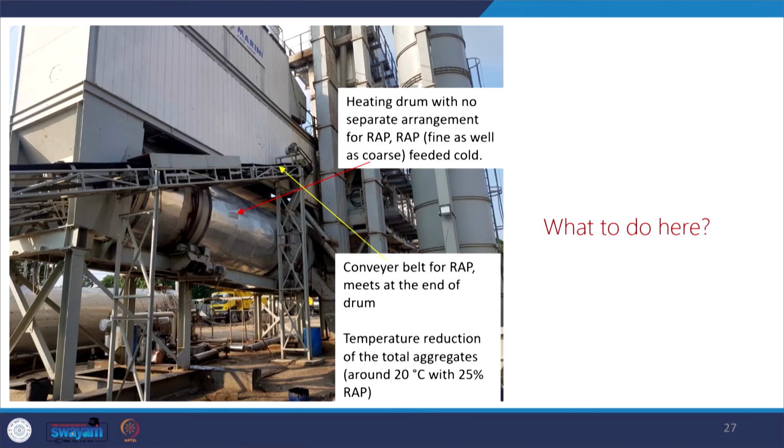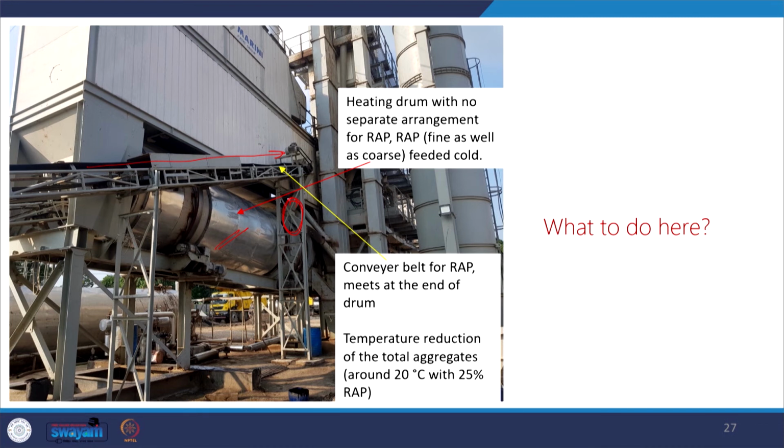This is an example of one typical plant. This is an example of another typical plant. Here basically they had only one conveyor belt for coarse as well as fine RAP, and they were not subjected to any heating mechanism. So, this drum is used only by the virgin aggregates, and this particular conveyor belt is used to transfer the coarse and the fine RAP mixed together, which meets the other aggregates at the end of the heating drum.